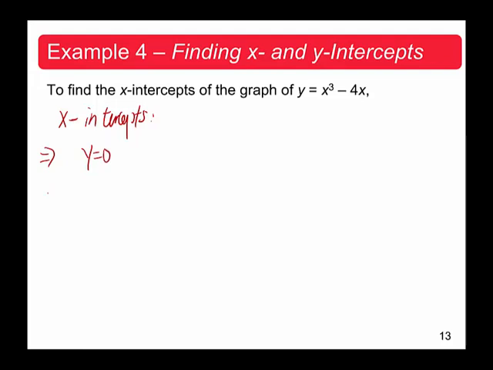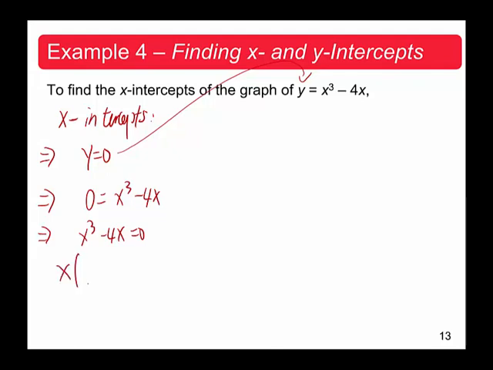So here when y equal to 0, go back to the original equation. We get 0 equal to x cubed minus 4x. Now let's reverse order. X cubed minus 4x equals 0. Then we can factor by GCF. X is the GCF. We get x times x squared minus 4 equal to 0. So we get three solutions. First one is x equal to 0.